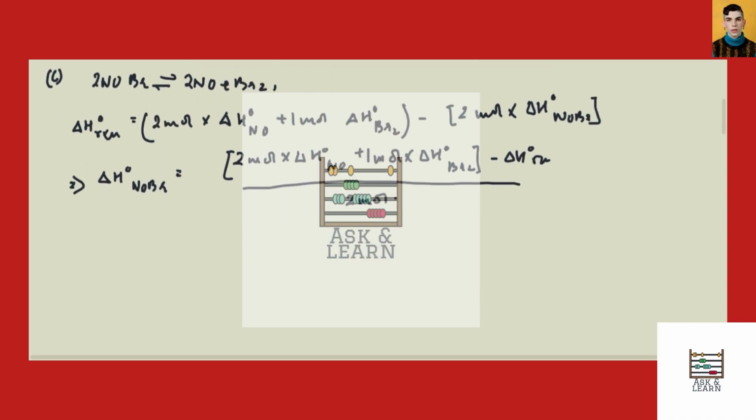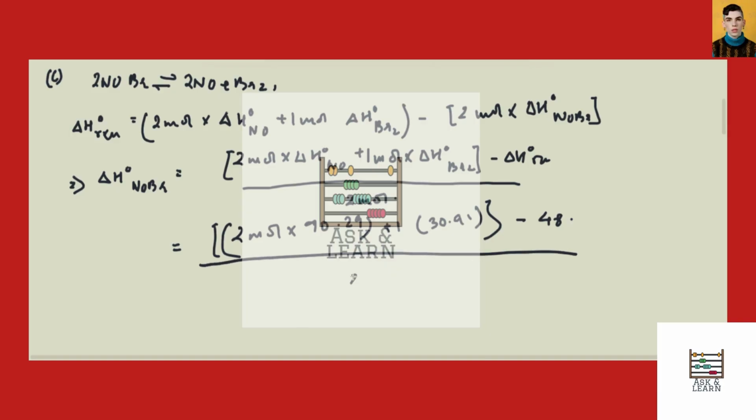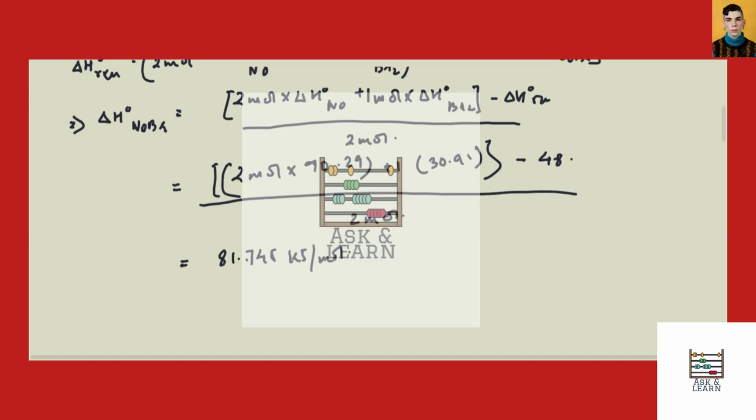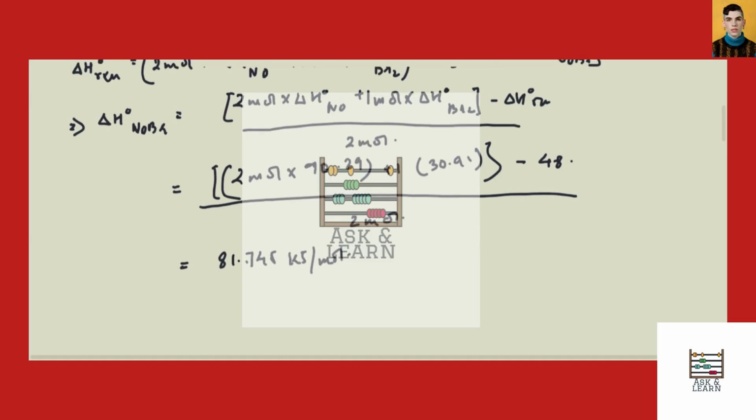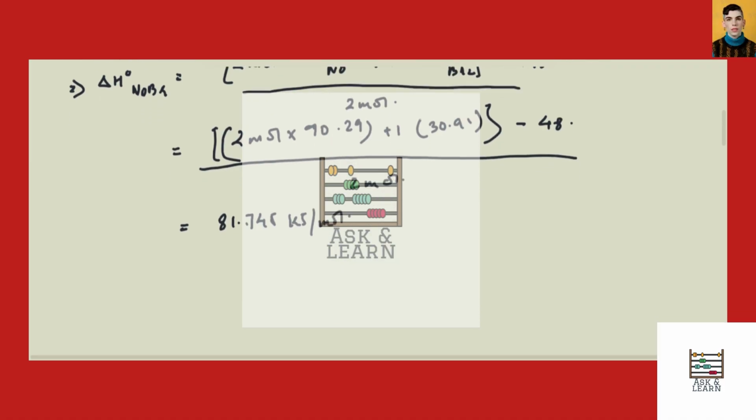So putting the values, that is 2 moles multiplied by 90.29 plus 1 mole of 30.9 minus 48 upon 2 moles, that is equal to 81.745 kilojoule per mole. Therefore, the value of delta H naught NOBr is 81.45.